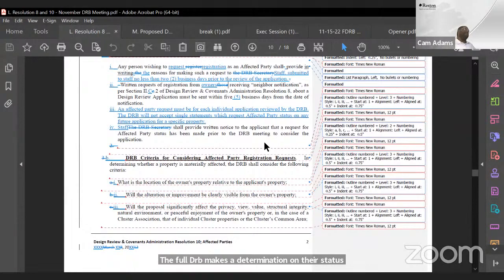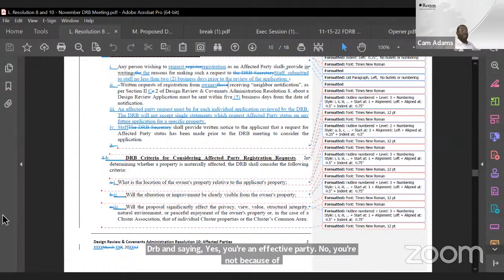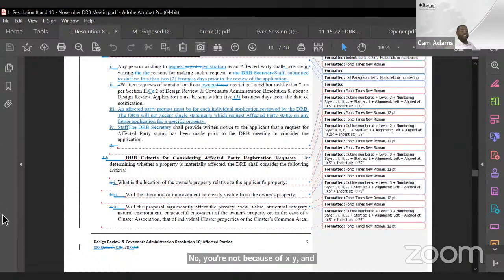So suffice it to say, procedurally, every time there's a registered affected party, the DRB panel or full board should say yes, you are an affected party because, and if you look at the affected party registration form that staff created, it helps guide the DRB into saying yes, you're an affected party, or no, you're not because of X, Y, and Z. But generally, if someone has registered, the DRB has accepted them as a registered affected party.